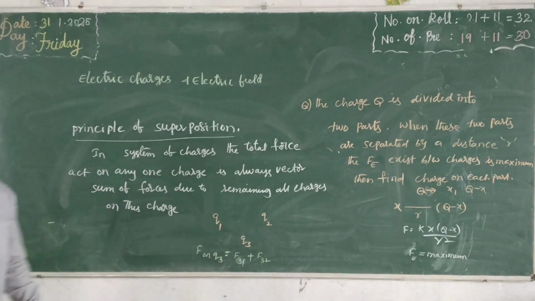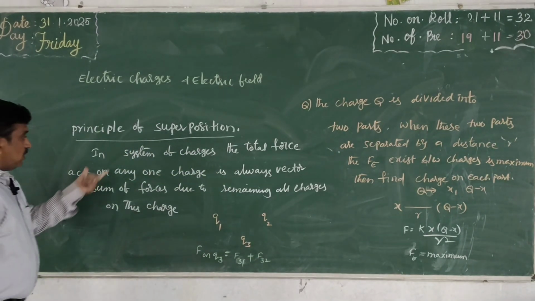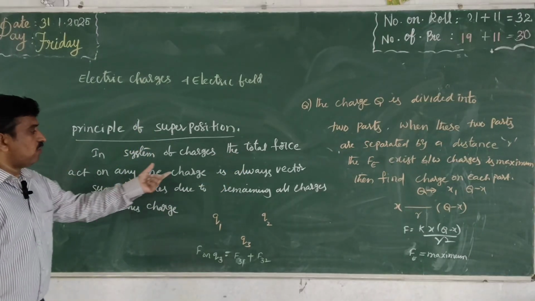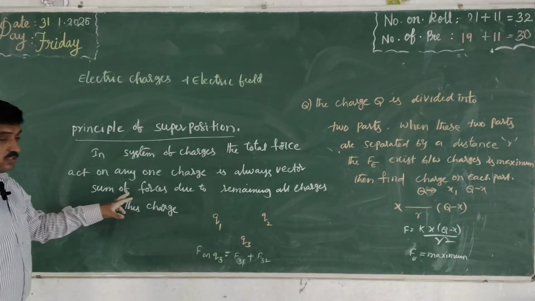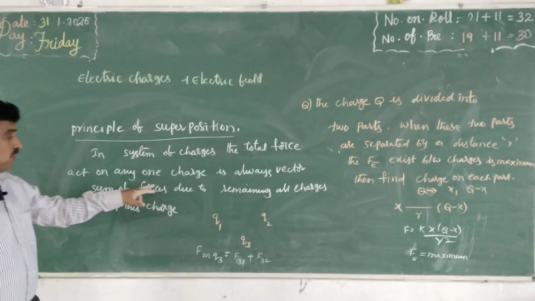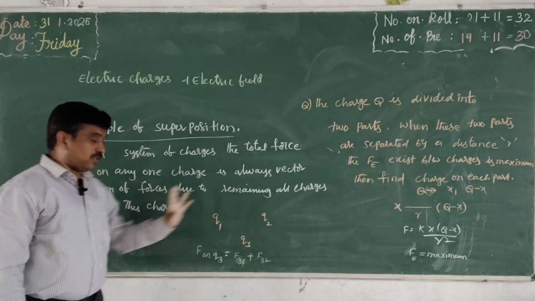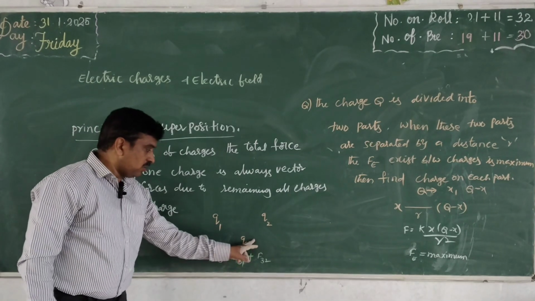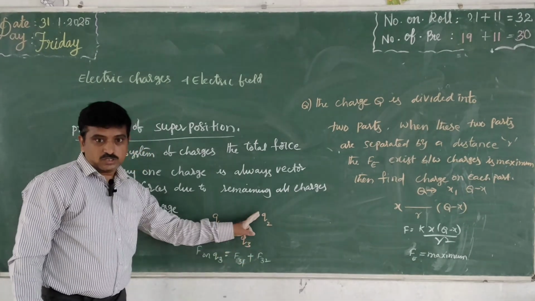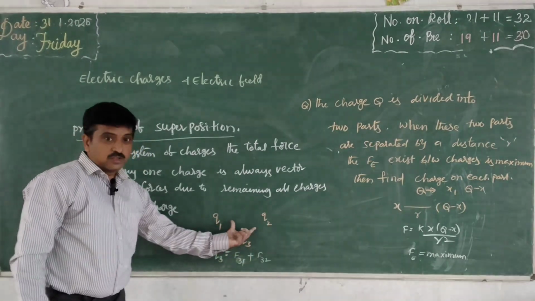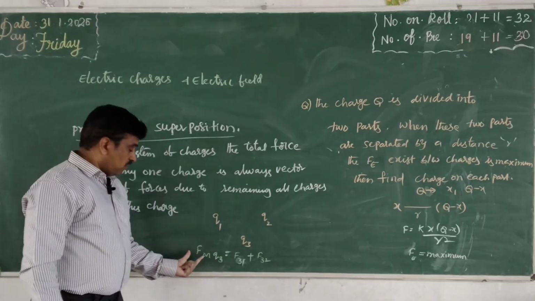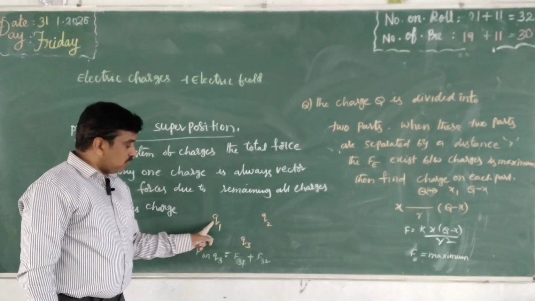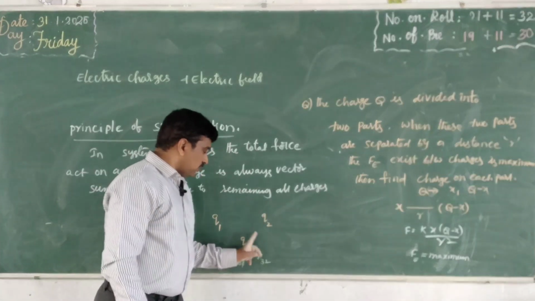This is called the principle of superposition. So in this charge, due to the remaining charges some force is acting, and their vector sum is the force on Q3: force on 3 due to Q1 plus force on 3 due to Q2.